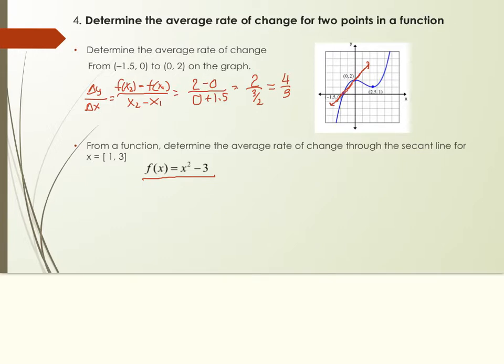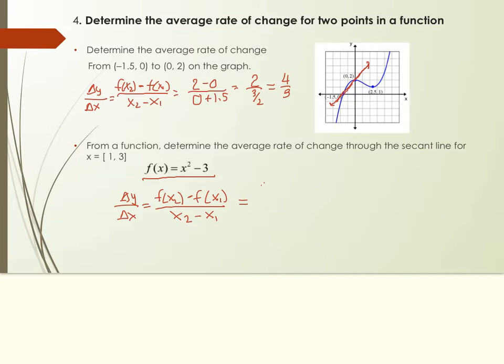All we need to know is the function and the interval on which the secant line is passing through. So to do this, we do delta y over delta x is equal to, and again we put in f of x2 minus f of x1, divided by x2 minus x1.